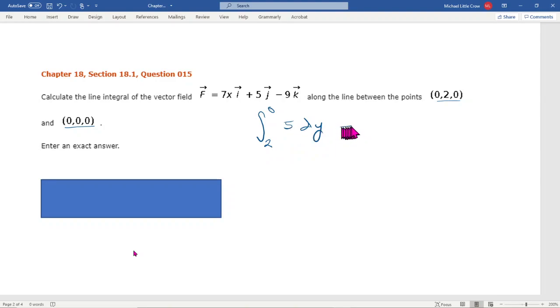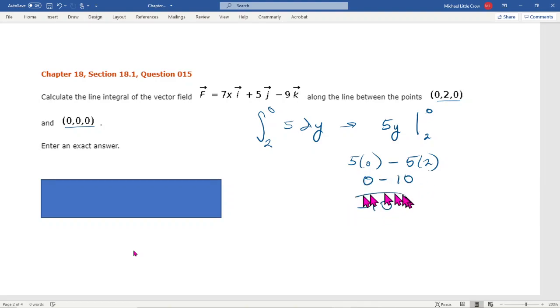So we integrate this. That's going to give us 5y from 2 to 0. And then we plug in 0 first. So we go 5 times 0 minus 5 times 2. It gives us 0 minus 10. So negative 10 is our answer.